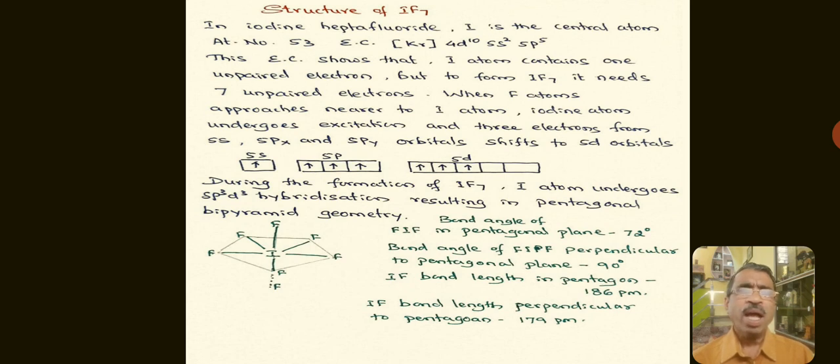Therefore, the bond angle F-I-F in the pentagonal plane is 72 degrees and the bond angle F-I-F perpendicular to the pentagonal plane is 90 degrees. The I-F bond length in the pentagon is 186 picometer and the I-F bond length perpendicular to the pentagon is 179 picometer.